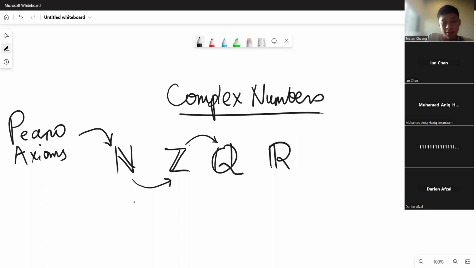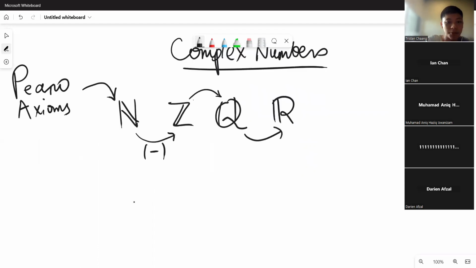complicated extensions. So from N to Z, how do we go from N to Z? It's where we force ourselves to subtract any number, right? In fact, we can write this as an equivalence class.